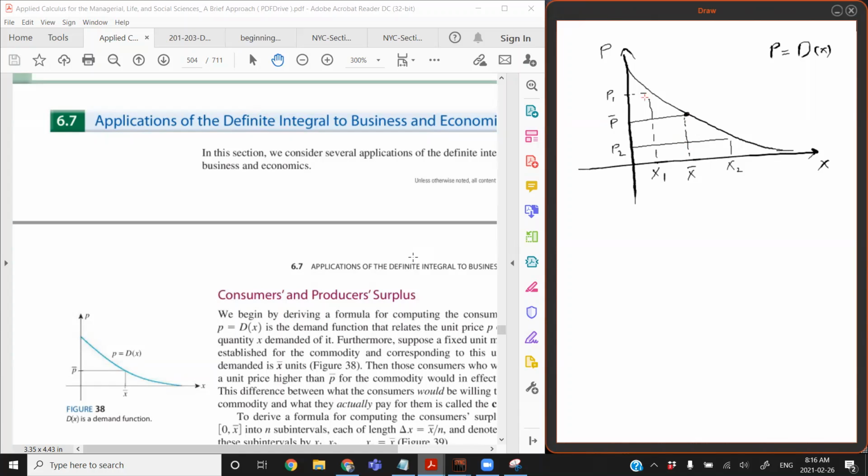So there's a certain number of customers who were willing to pay P1, which is greater than the established price. Those customers experience a saving because they were willing to pay a higher price, but now they're paying the equilibrium price. So these consumers experience a saving, and the collective saving for all these consumers within that time period, which could be a day or a month or whatever, is equal to this area here.